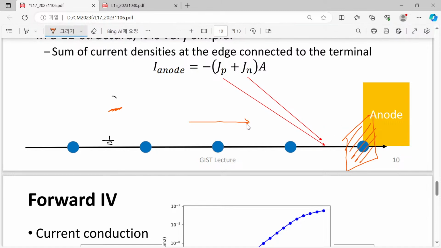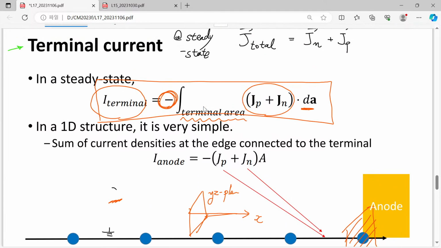If this is the direction of our one-dimensional x-axis, then we will have just a plane normal to x. Simply speaking, the yz plane. So the area inside this yz plane is the multiplication factor for this integral.